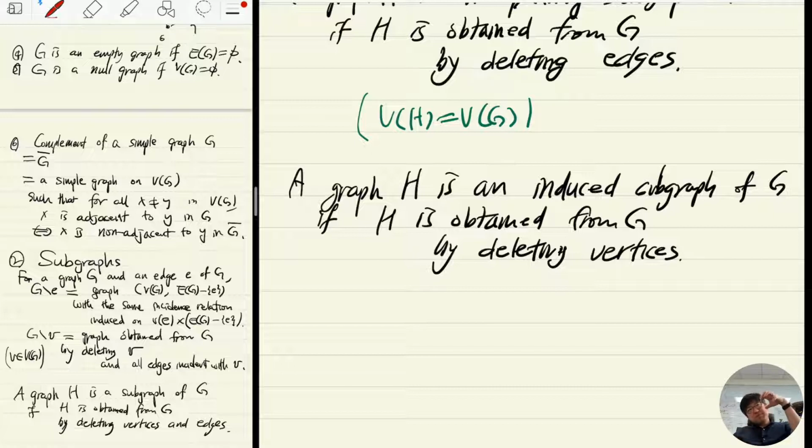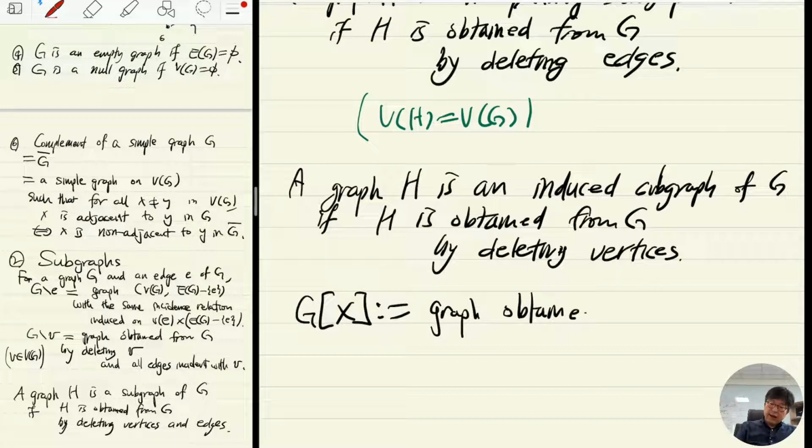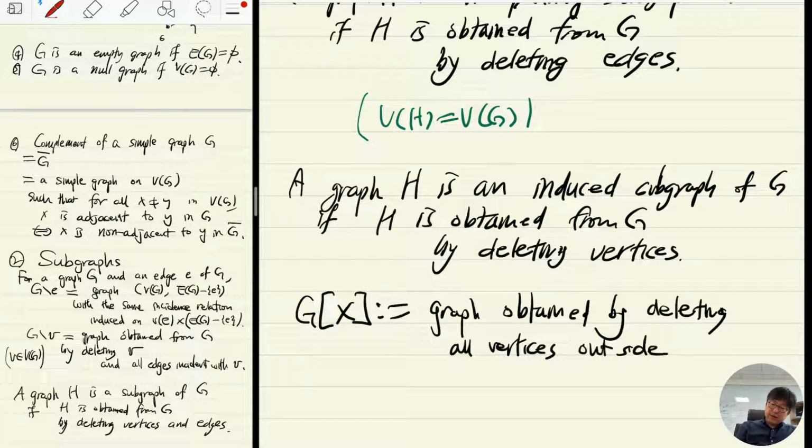But if you fix one set which you're not going to delete, then the induced subgraph on this set is just fixed. It's one graph. So there's a notation for that. G bracket X is the graph obtained by deleting all vertices outside of X. So this is actually an induced subgraph.